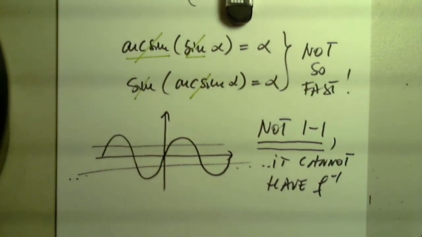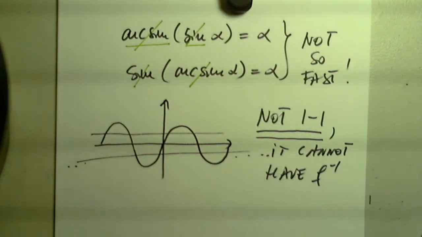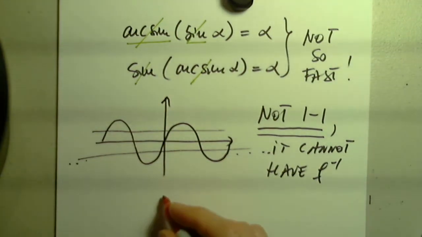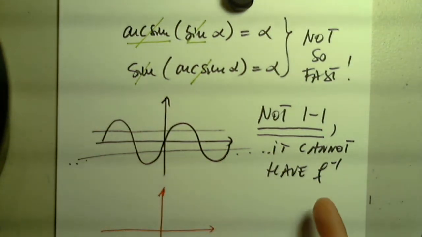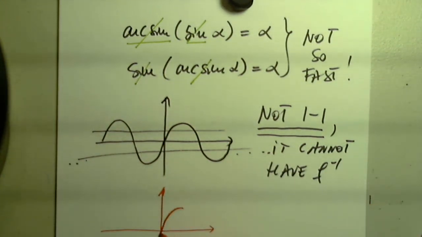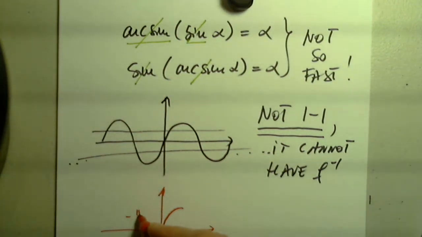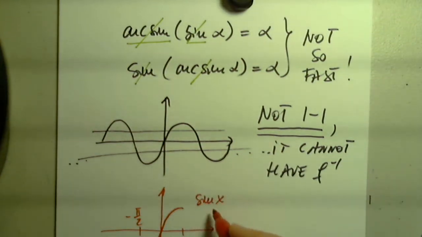So then what happens? The mathematicians said, wait a minute. We can make it be one-to-one by truncating the domain. In other words, just for the purpose of the inverse, we're going to say that this is sine x.